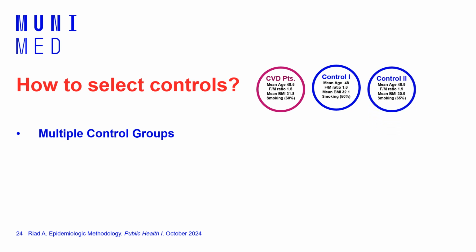Then you can try to find another control group, maybe from another hospital or from another city or from another country, and these are the characteristics of this group, which is more or less similar to the cardiovascular disease patients group. Then you may find another group. So all these groups will have similar characteristics as groups, not as individuals.